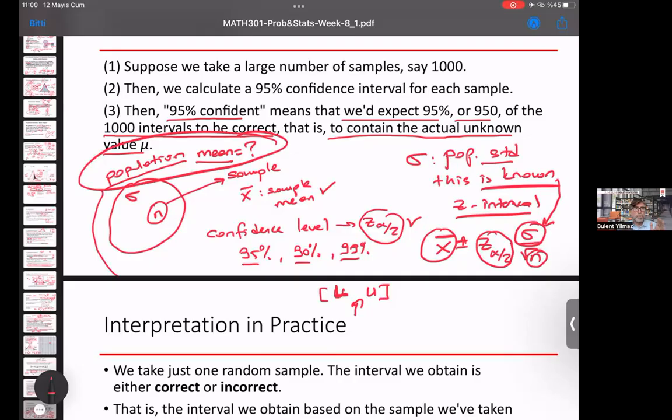Maybe 5 times out of 100 times your confidence interval may not include the actual population mean, but you're going to say I'm 95% confident that the population mean is going to be in this interval. Okay, so please try to review this topic.